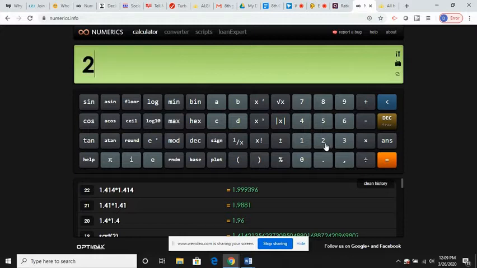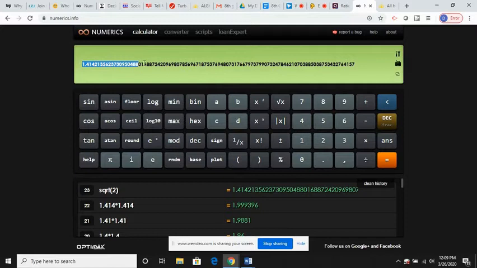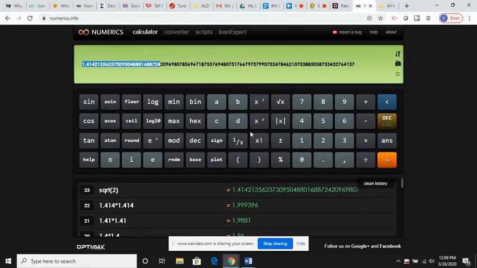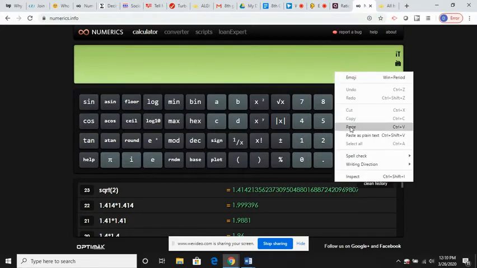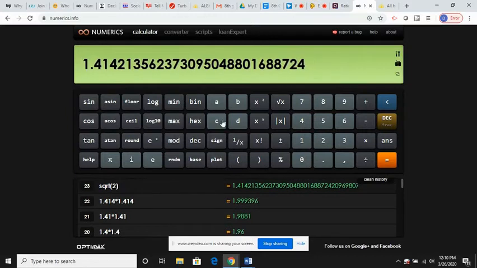And the crazy thing is, if you took all of these numbers, I'm just going to take as many of these as I can. I'm going to copy this, clear it off, and see if this works. Paste. Does this work? Yeah.